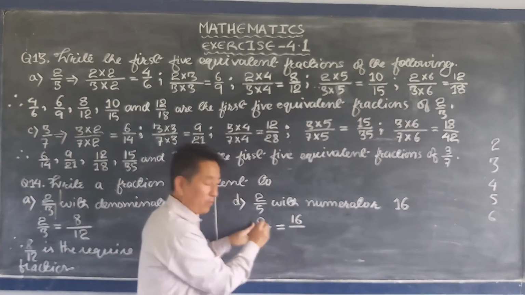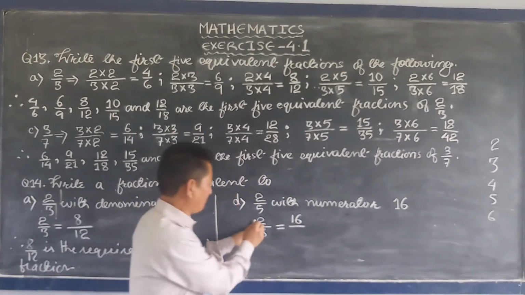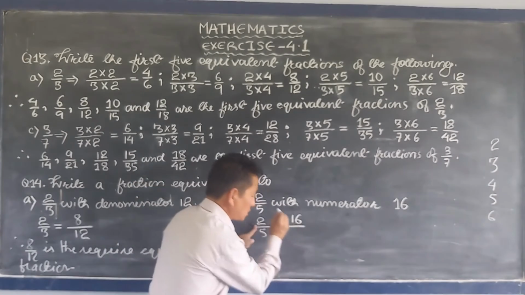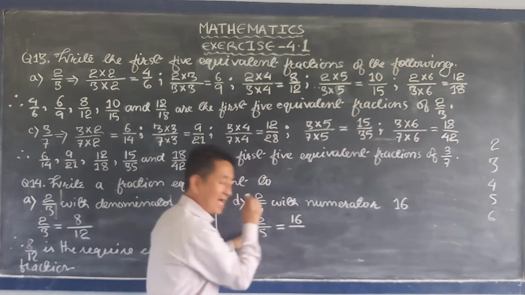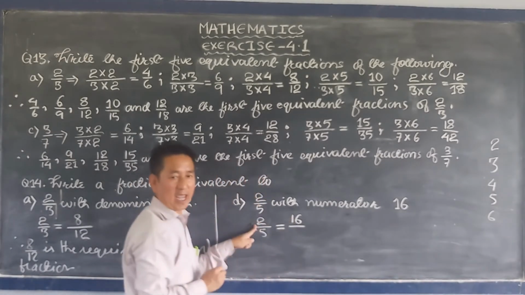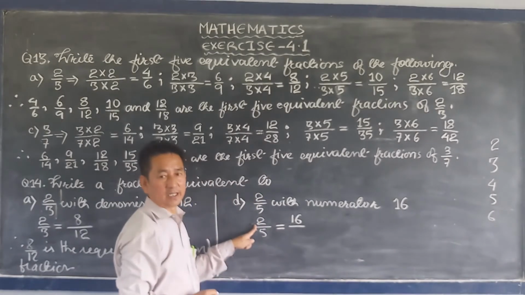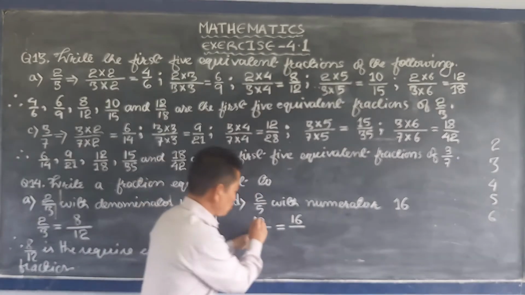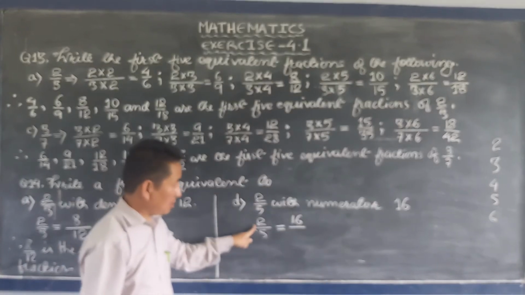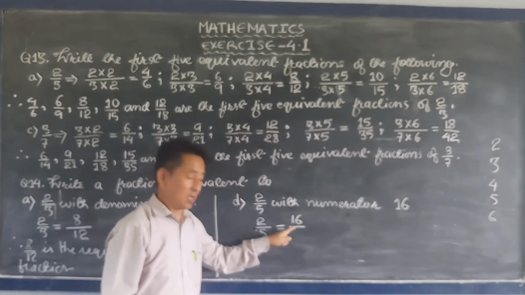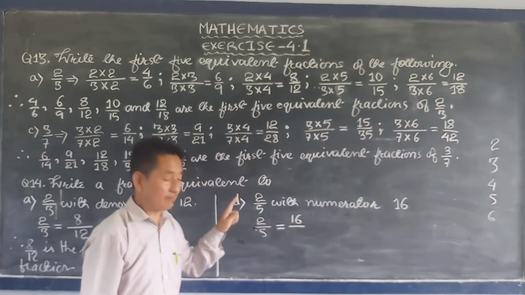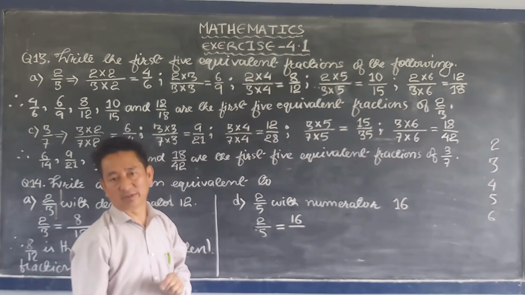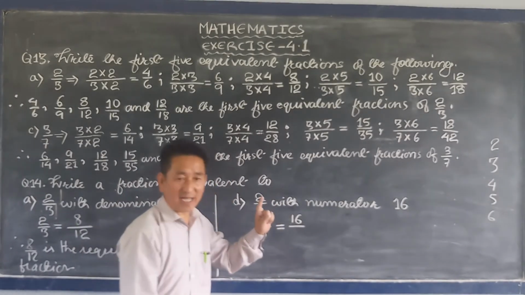So we'll see how many times 16 is divided by 2. 2 ones are 2, 2 twos are 4, 2 threes are 6, 2 fours are 8, 2 fives are 10, 2 sixes are 12, 2 sevens are 14, 2 eights are 16. How many times is 16 divided by 2? 8.